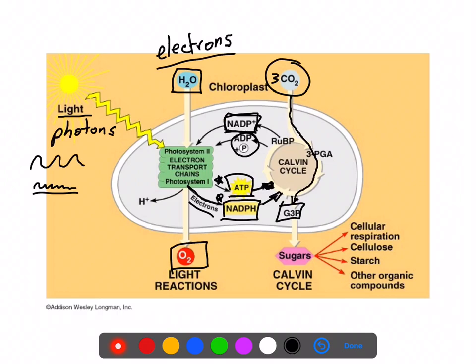Let's do a little review on those electrons. What happened to NADP when it picked up electrons? If you said it was reduced, you are correct. NADPH is reduced. How do we know that if we did not see the electrons?